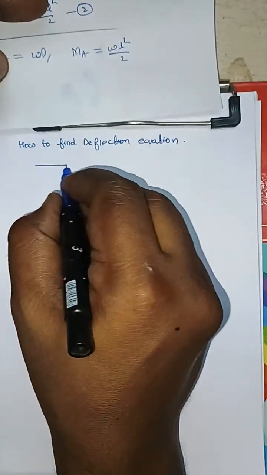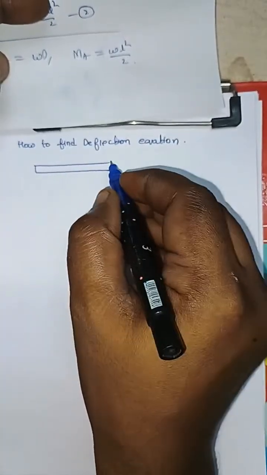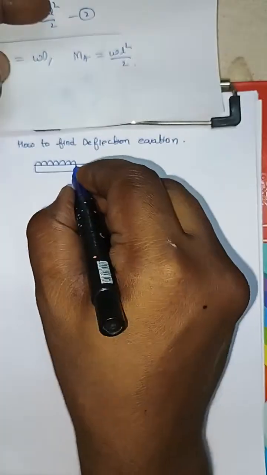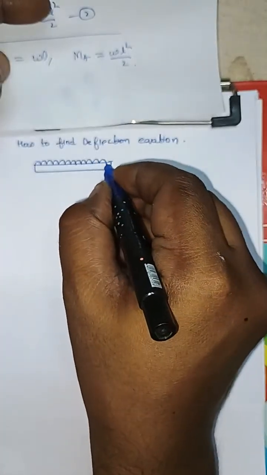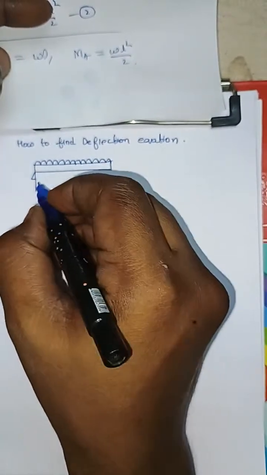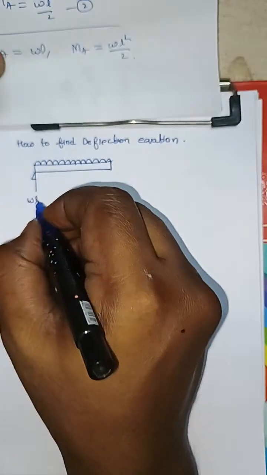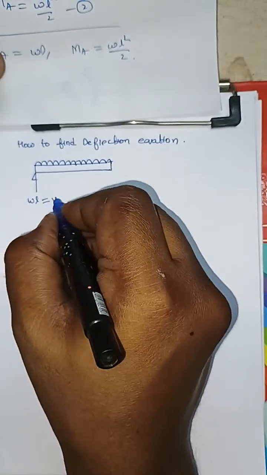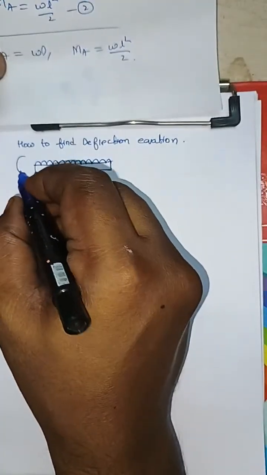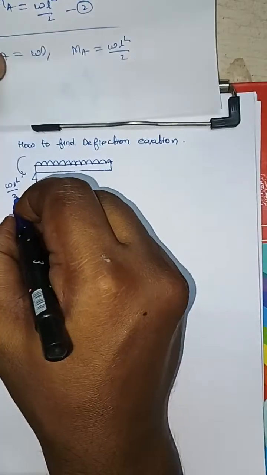While we are taking the section over here, this is the beam. Now this is the loading on the beam. Over here we have VA, which is equal to WL, and also we have a moment that is W into L square by 2.